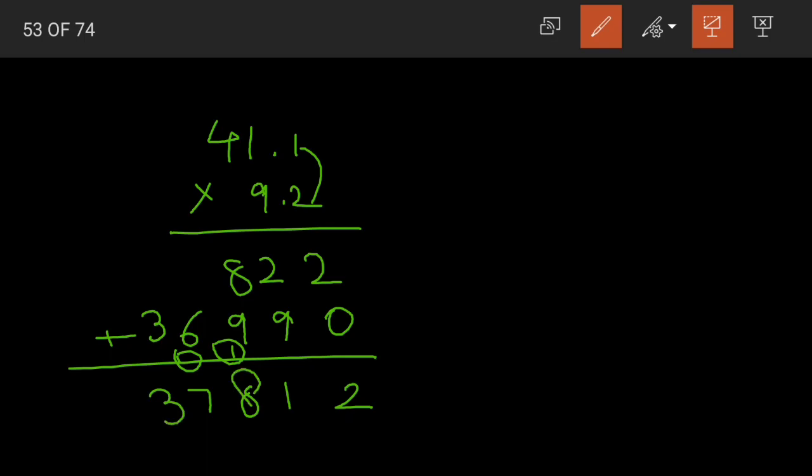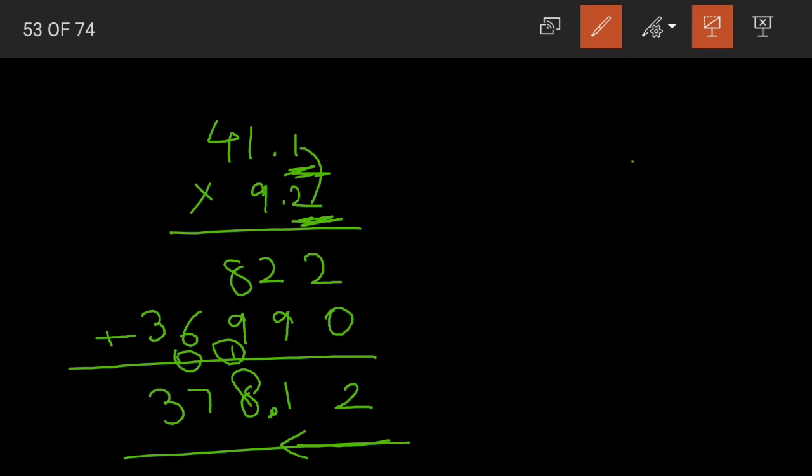This is our product, but again we have to place the decimal point. We are having two decimal places combined. For multiplication, we have to consider the number of decimal places in both the given numbers, the multiplier and the multiplicand. We are having two decimal places. So we'll place the decimal point after 2 digits from the right.